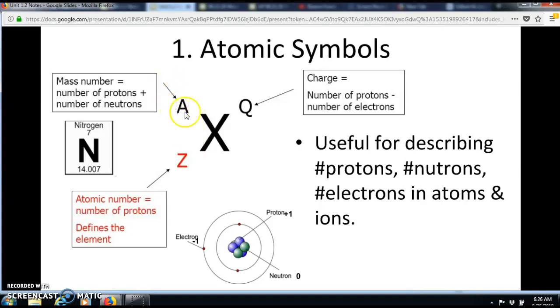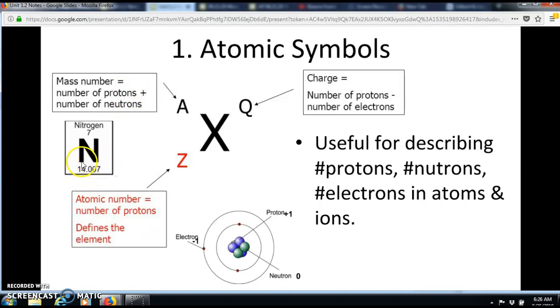In the upper left you have the mass number, which is the number of protons and neutrons. I put here the element symbol from the periodic table just to note that the mass number, when you add up the number of protons and neutrons, should be a whole number, but in the periodic table there's this number with a decimal, so how are these two numbers related?